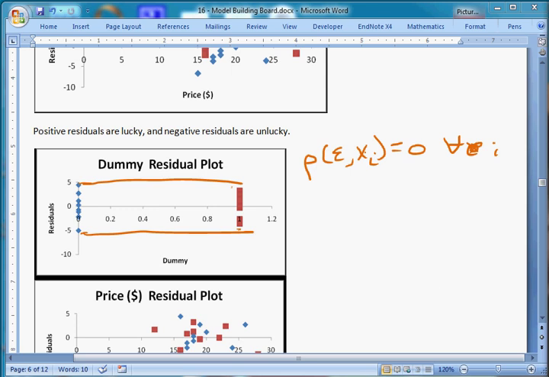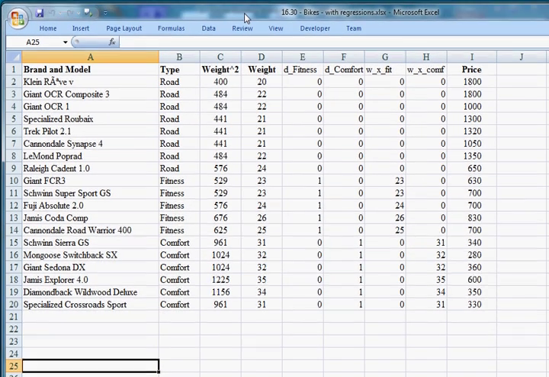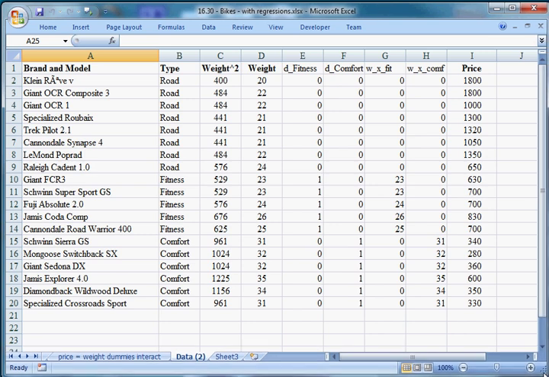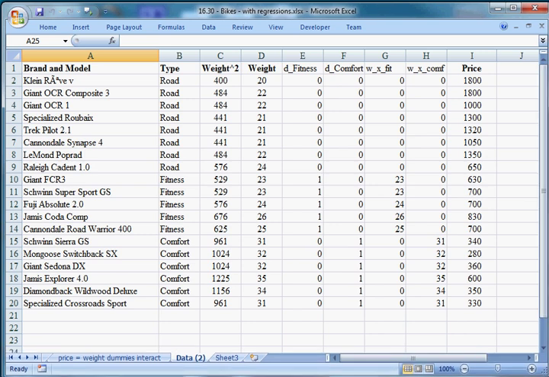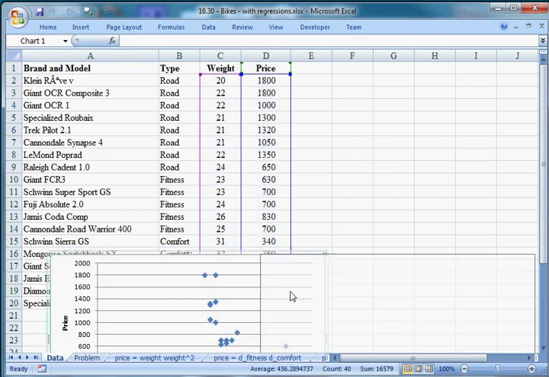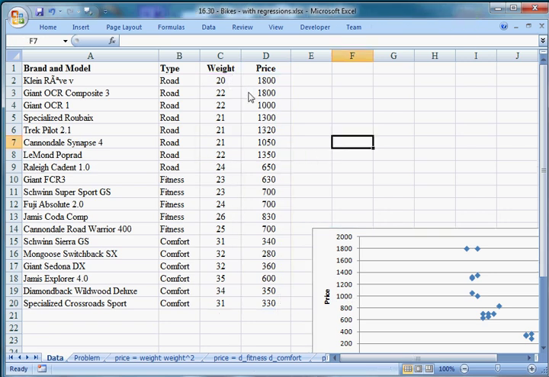All right, now I want to show you what else you can see from stuff like this. I'm looking at a problem that you guys have already worked on, hopefully, or perhaps haven't. It's from chapter 16. The data set is in the bikes spreadsheet, and it's data on a bunch of bikes with their weight and their price.